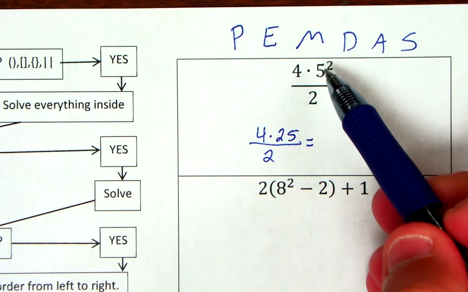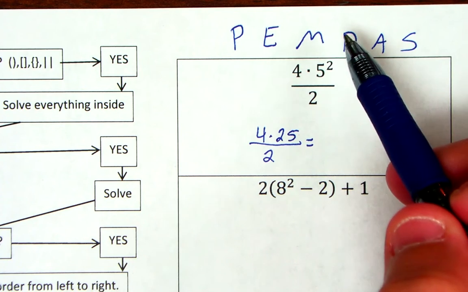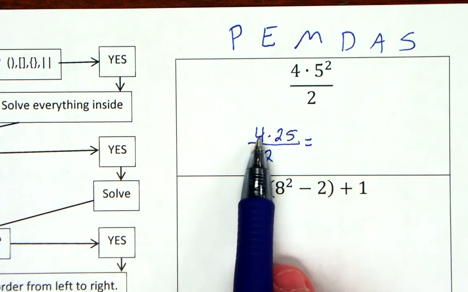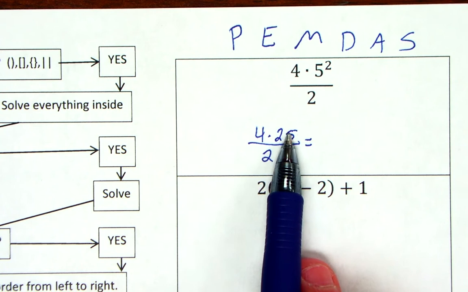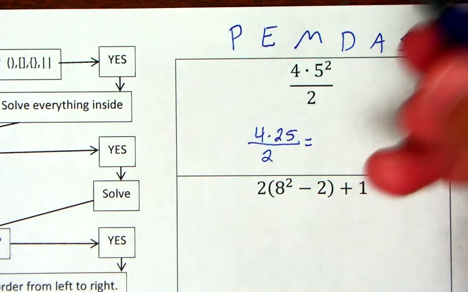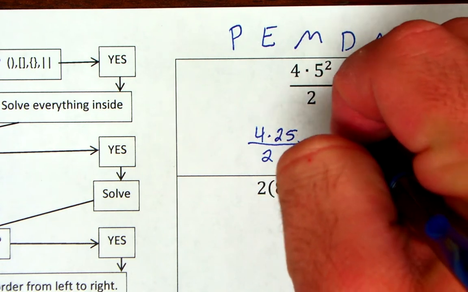Notice all I did is I took the 5 squared and I made it into 25. Now it's multiply or divide, whichever one comes first. We'll look at the top. You can multiply first. What is 4 times 25? That's 100. Yes, it is. Good job, Johnny.